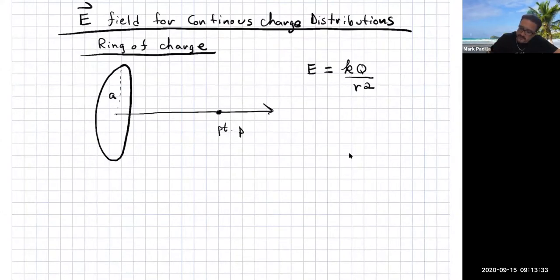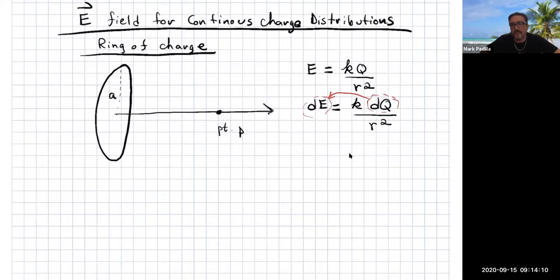In other words, if I write dE, what do I want to break the ring up into? I want to break it up into a bunch of dQs. The distance is going to still be the same. K is a constant. So this dQ is just a differential part of the ring, right? This dQ causes this dE, this differential E field.